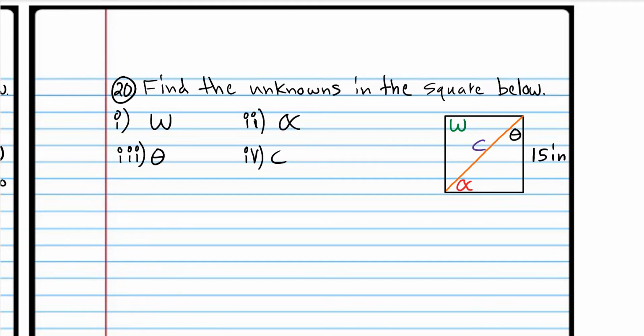All right, we're back. We need to use the square two special triangles theorem that tells us if you draw one diagonal, that diagonal creates two congruent right triangles, the yellow one and the blue one.